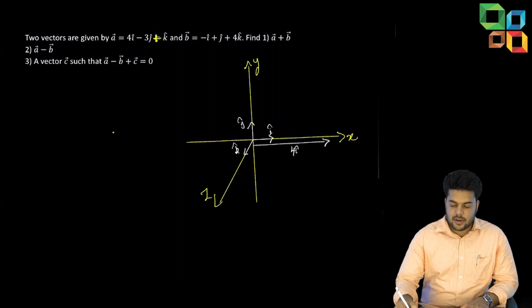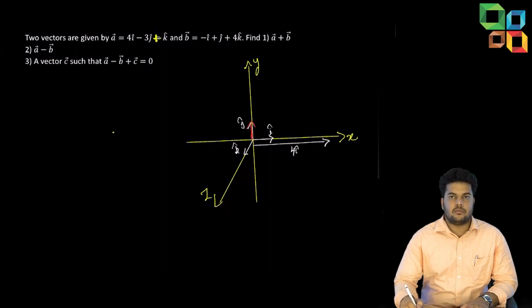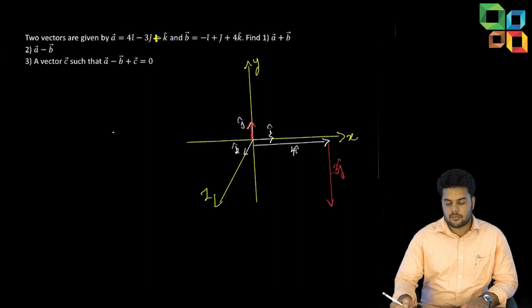See, j cap is the vector that is looking up in the y direction. Minus j cap would be a vector that is looking down, along the y direction. So minus 3j would be a vector that starts at this point and has a size of 3. Do you understand? Yes, sir. It has a size of 3. So this is negative 3j cap.